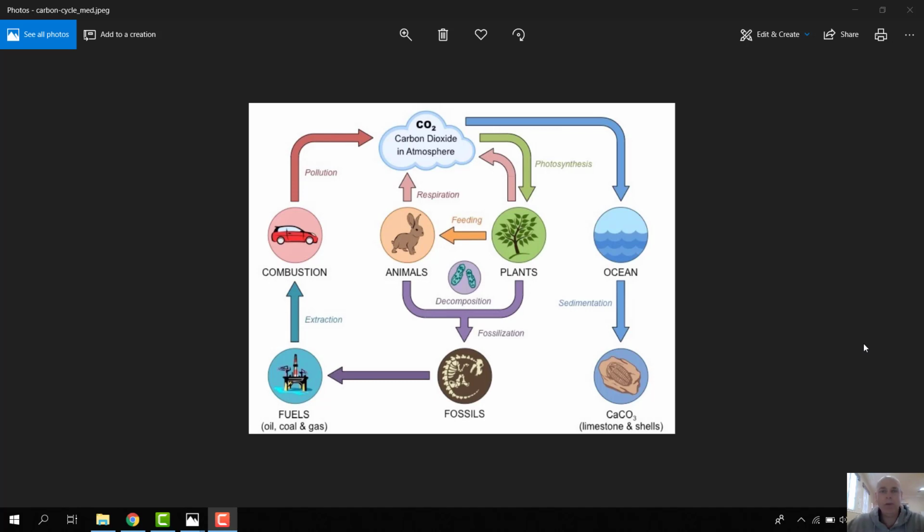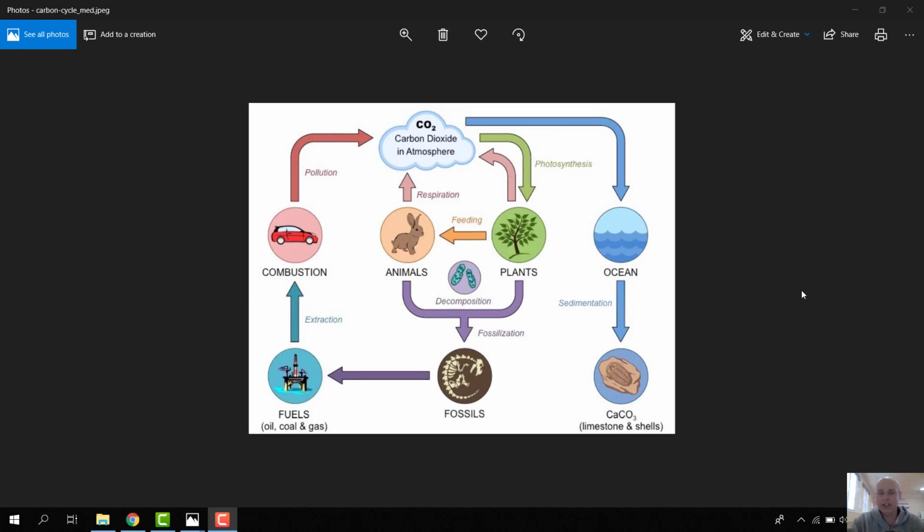And there are different pathways to move these elements around. That's what we've been talking about during this unit: photosynthesis and cell respiration and how they are responsible for moving carbon and oxygen around.